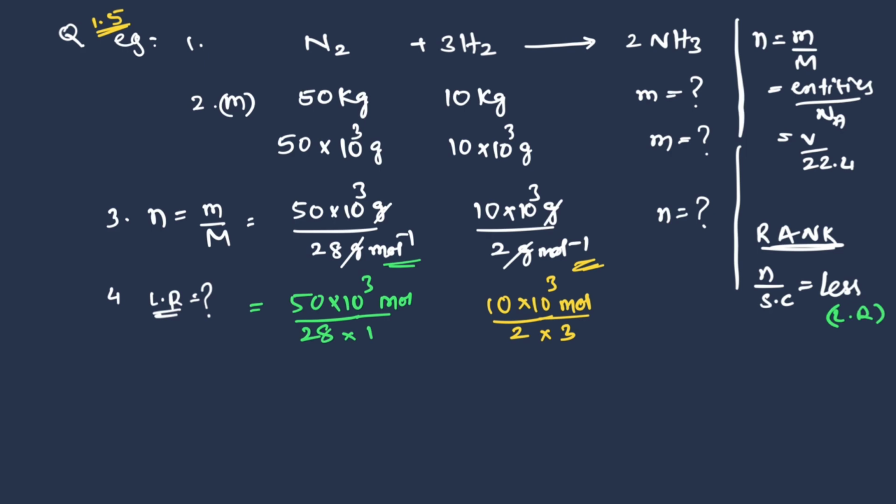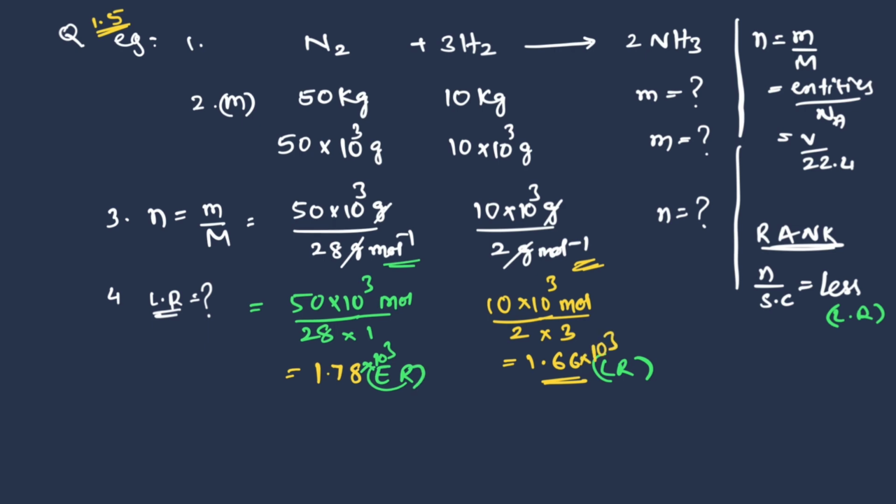Then this value gives 1.78 and this gives 1.66. So smaller amount, which one? This one, therefore this is called limiting reagent. Anyway 10 power 3 is there, I forgot here, one minute. Here into 10 power 3, and this is the excess reagent, here also 10 power 3 is there.